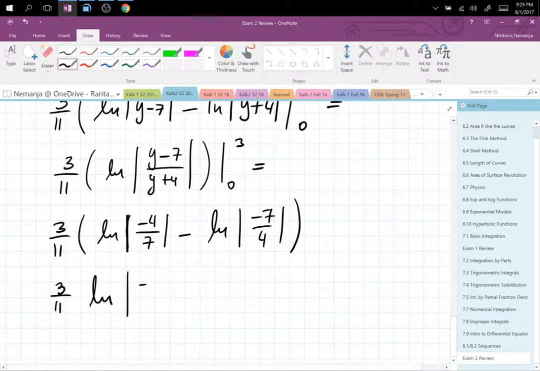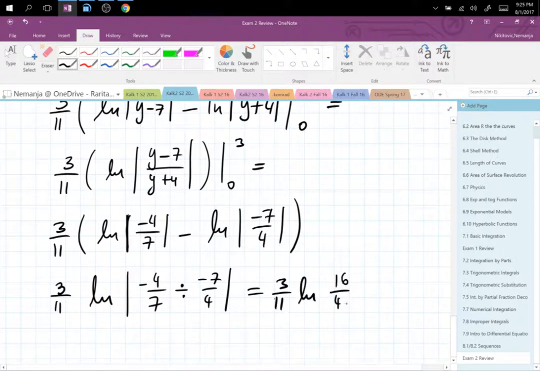Now look at this. This is another subtraction. I can combine these ln's into division. And what I get is negative 4 over 7 divided by negative 7 over 4, which is 3 over 11 ln. You flip, we get 16 over 49. How do you get 16 over 49?